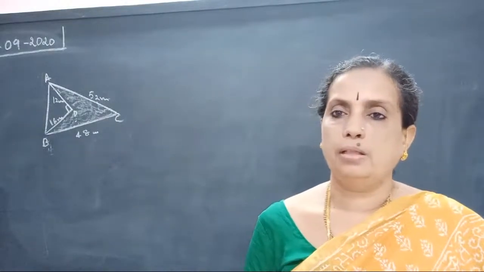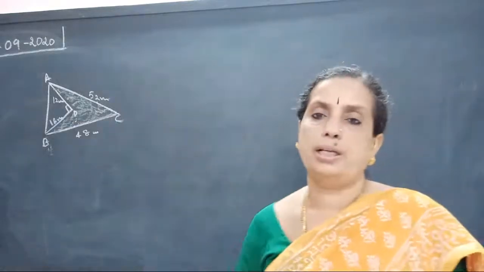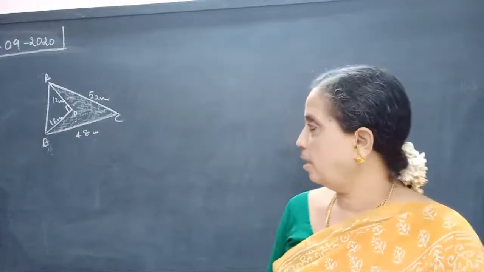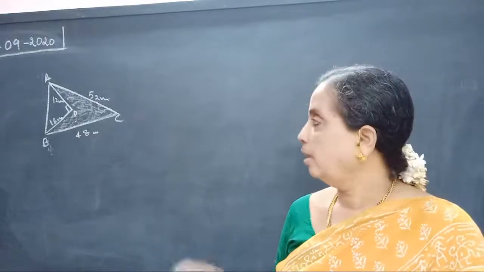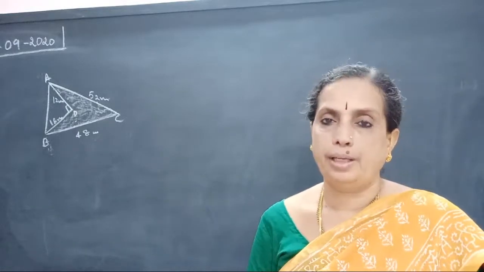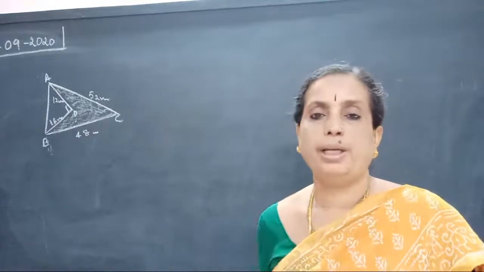Taken the figure? So inside the triangle we have a right angle triangle. When it is a right angle triangle, we can find out the third side. Later we can find out the area, because that side AB is required for the outer area.